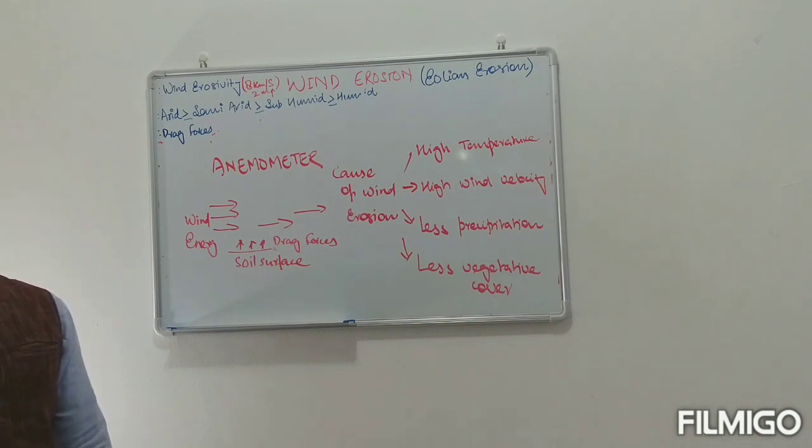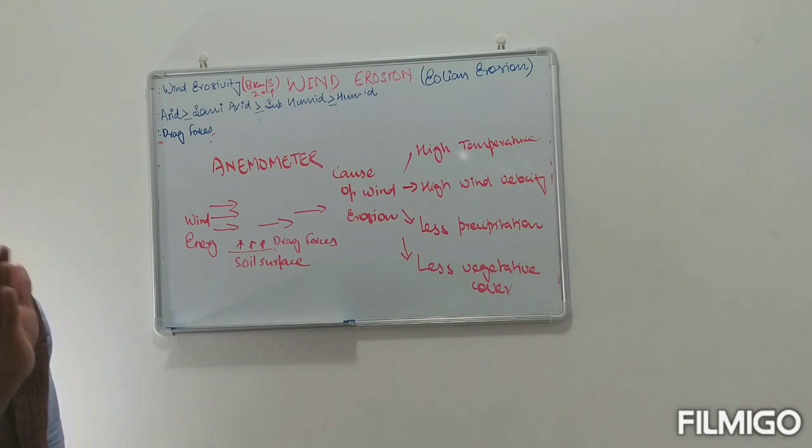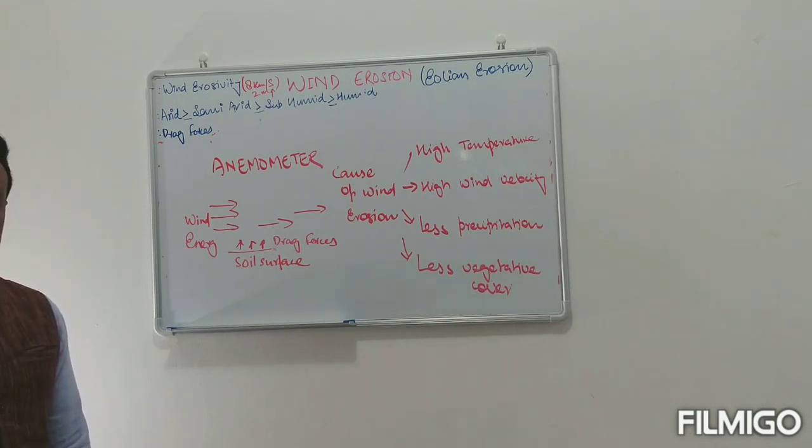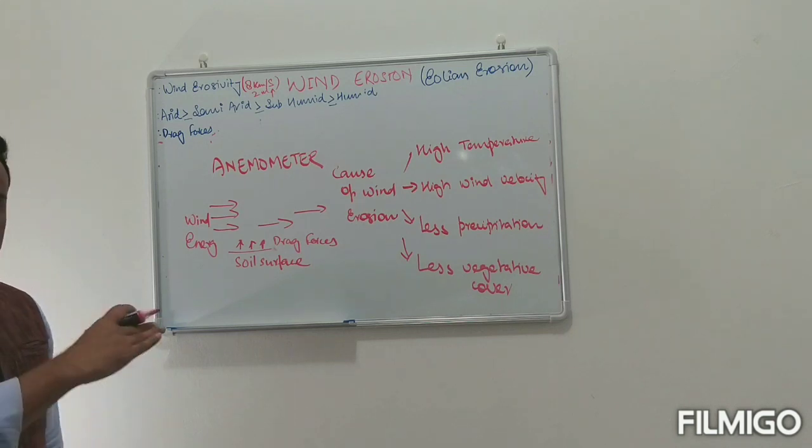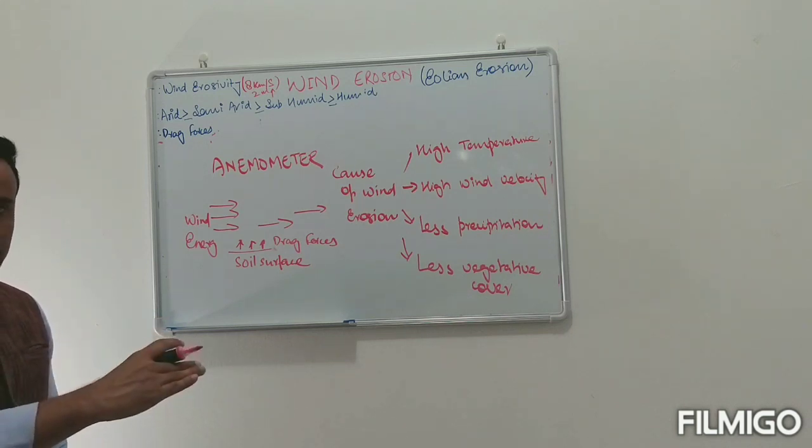Texture of the soil, right? More the amount of silt size particles are there, more they will be taken away, right? Then apart from that, say soil surface properties like topography of the land. It is tilted land. At what degrees it is tilted, right?